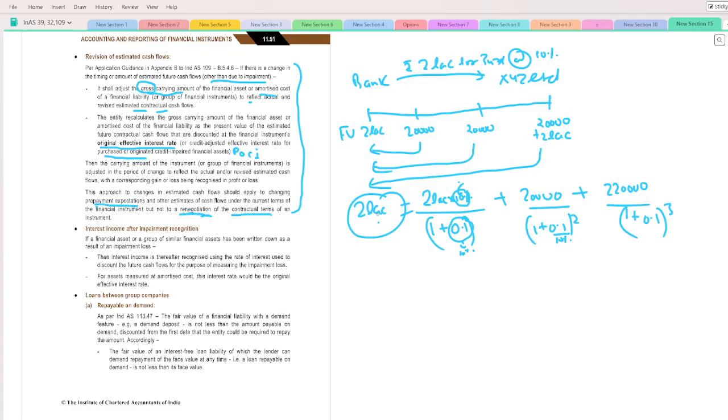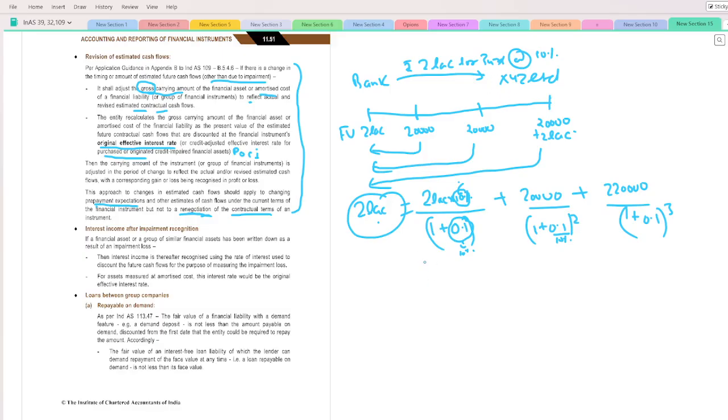Now this is your par. So now 1 year is over. Now the entity is expecting that maybe the interest rate has gone down, so it is expecting that XYZ will be prepaying the loan.